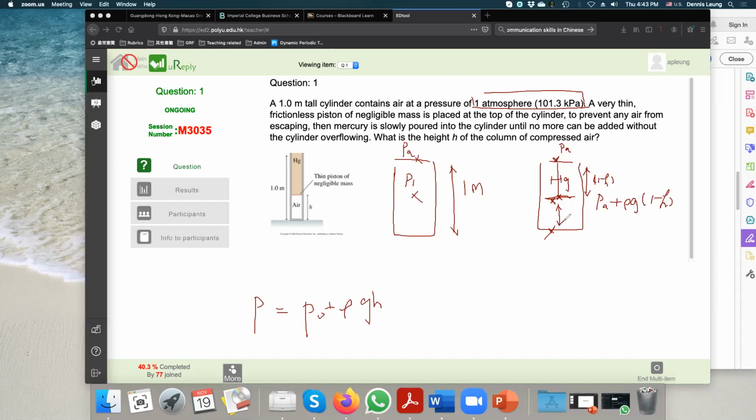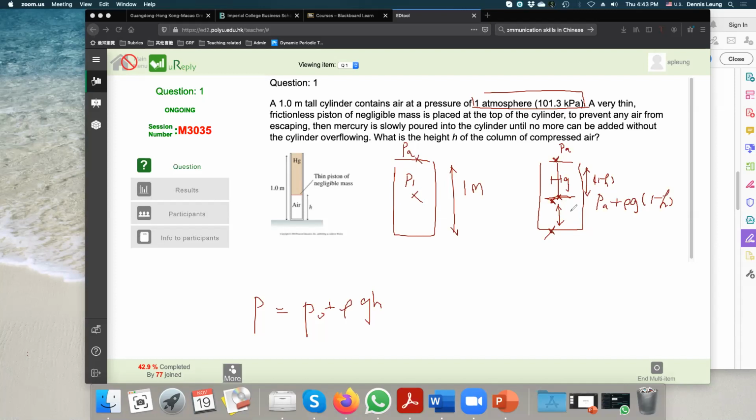Density of air is around 1 kilogram per meter cube. So it is much, much smaller compared with that of mercury. So we could neglect the difference of pressure within the gas. So we just treat it as one single value.